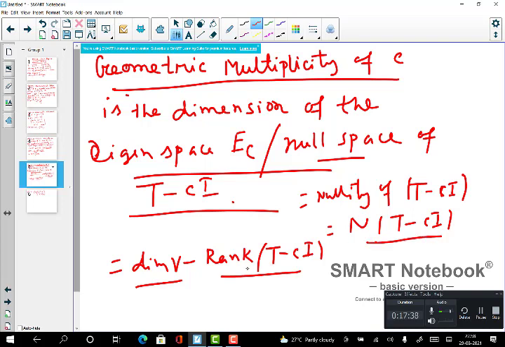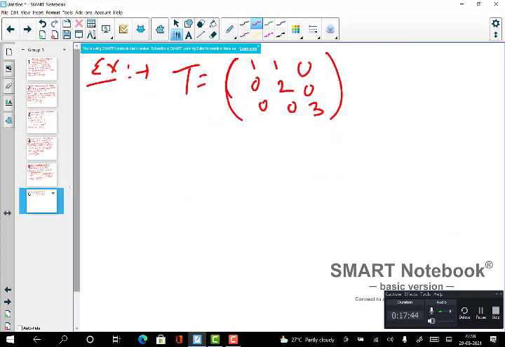So you find the rank and then take the difference, and that will be the geometric multiplicity. For example, here this is a non-singular matrix, right? So the determinant of T is not equal to 0, so that means the rank is 3, right?